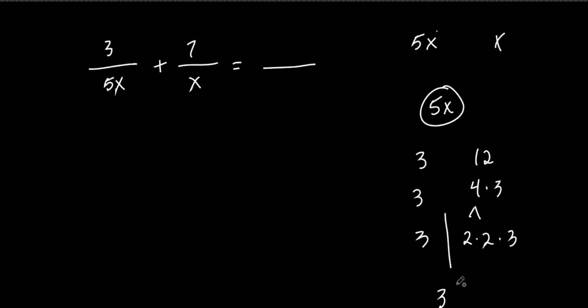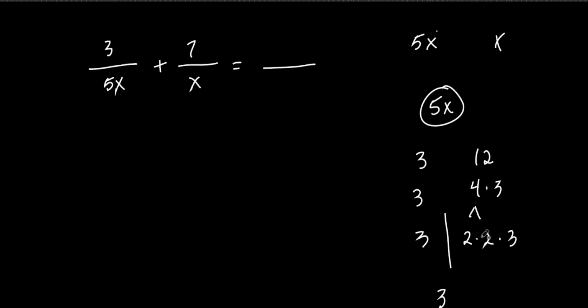Hope everybody's watching. So you pull out one 3 here and one 3 here. What other numbers show up? They don't have to be in both places. Like right here, there was no 5 over here, right? But we still pulled out a 5. But there's two 2s. There's no 2s here, but there's two of them here. So if they show up more than once, we pick the ones that show up the most number of times.